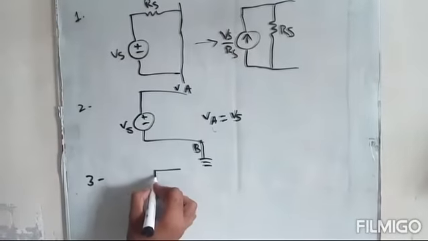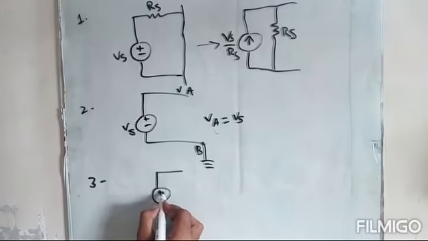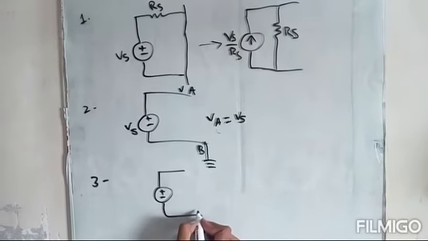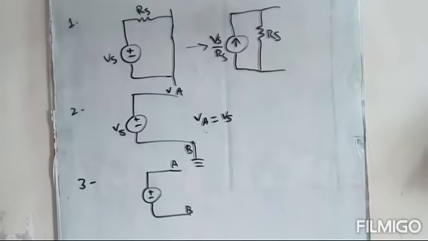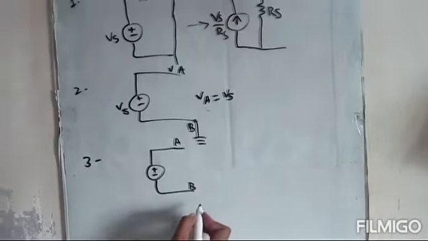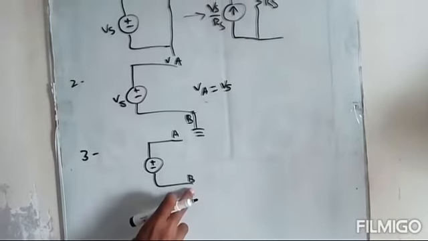There is a third possibility also. If there is a voltage source connected between two nodes B and A, in this situation we cannot consider any of these nodes as a ground node.